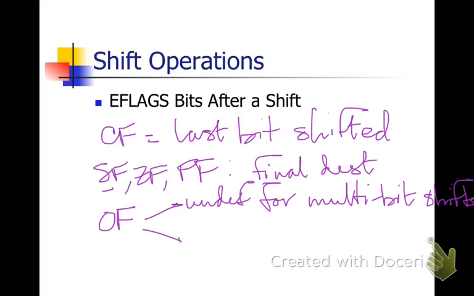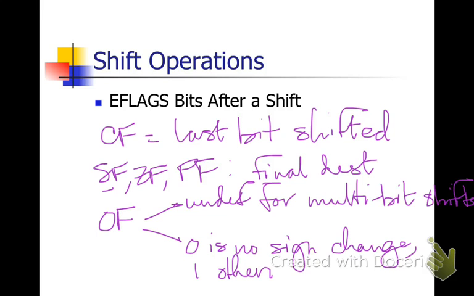For single-bit shifts, it will be 0, cleared, if the sign of the result is the same as the sign of the original, and 1 otherwise. Okay, so for single-bit shifts, the overflow flag will tell me if there's a sign change between the original destination and the manipulated destination. But it is undefined for multi-bit shifts.